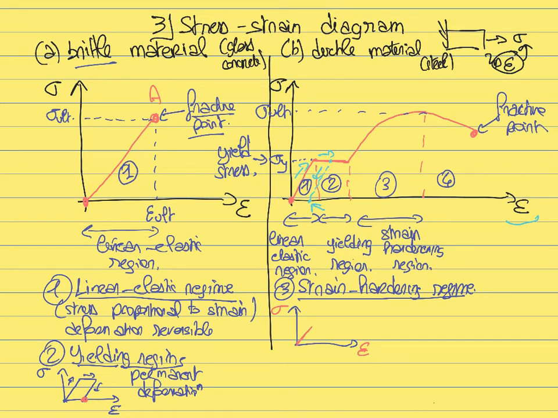That is the elastic domain. Then you enter the yielding domain. At this point, the stress stays constant despite the fact that the strain continues to increase. And now after this, you enter the strain hardening region. At this point, the stress starts to increase with the strain.